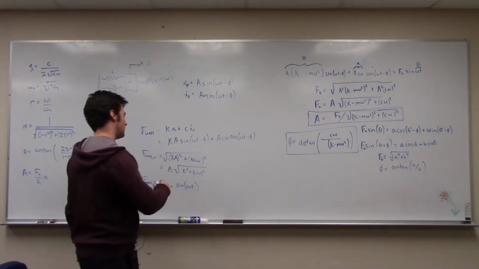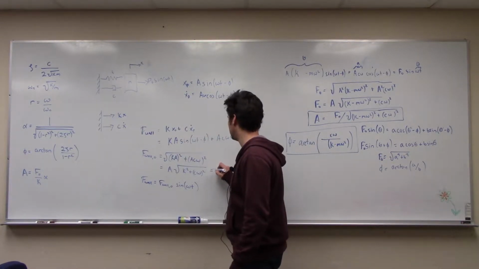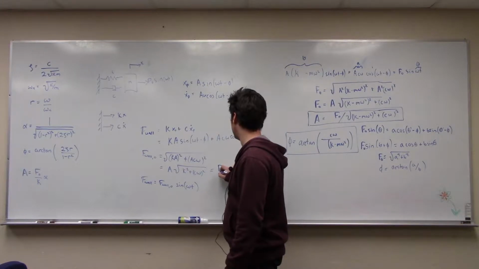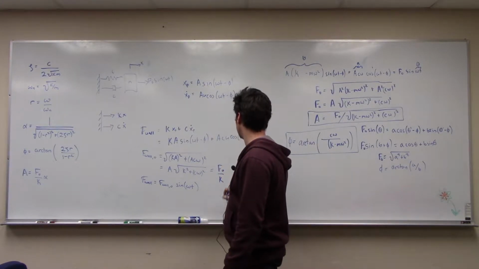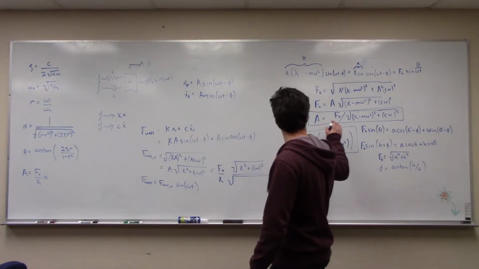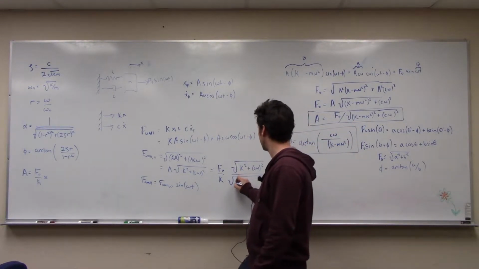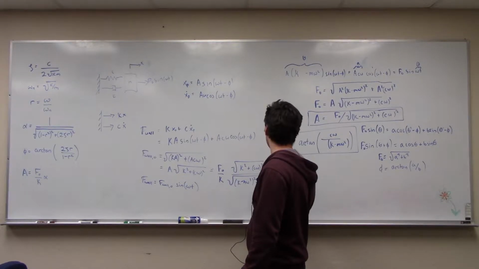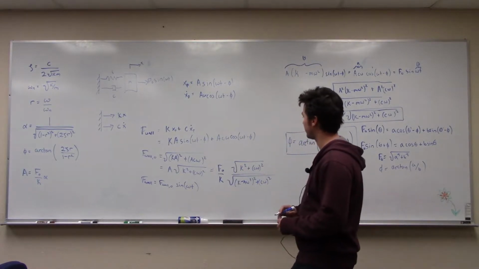So the amplitude on the wall is F naught over k times the square root of k squared plus c omega, that squared, all over the square root of k minus m omega squared, that squared, plus c omega squared.